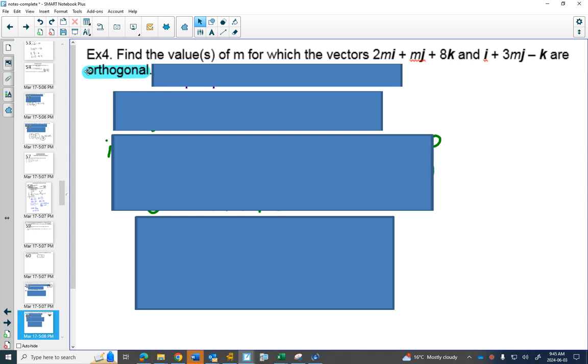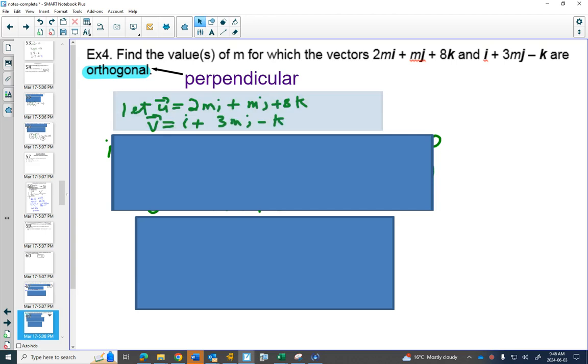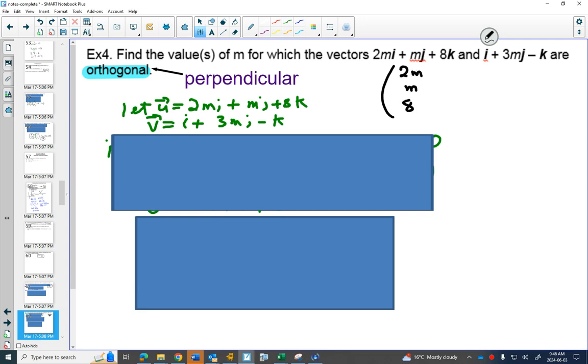Somewhere. We don't know where. And you need to find out what the value of m is. Okay? So first of all, I sometimes find it really helpful to rewrite these as column vectors.